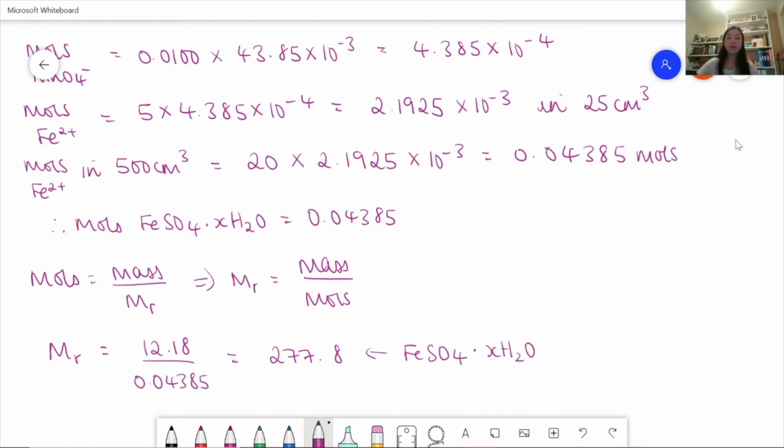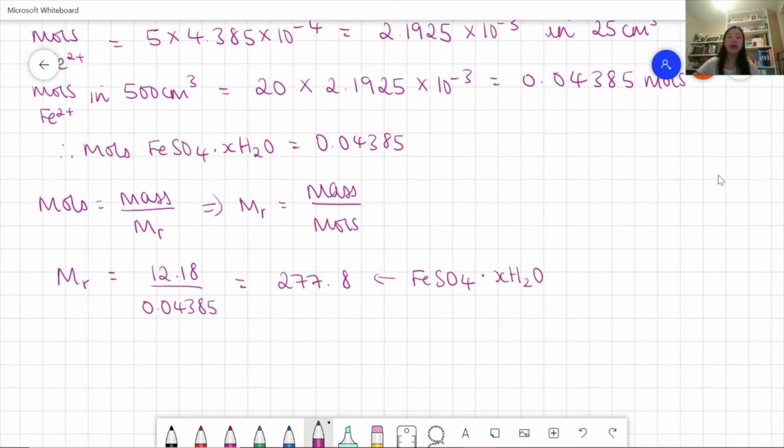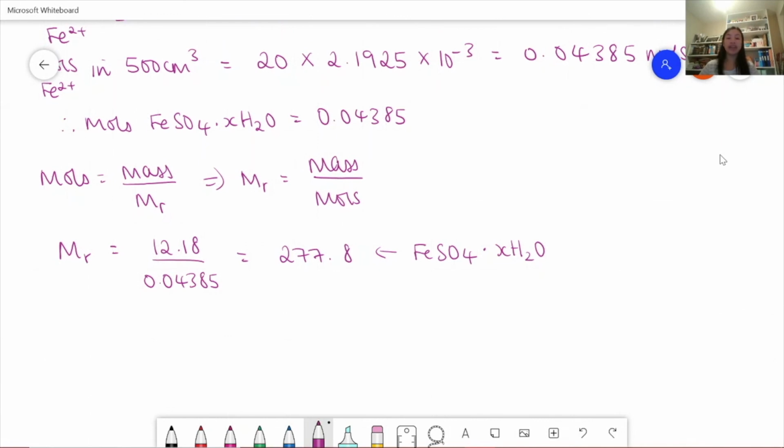FeSO4.xH2O. And so now we need to take away the Mr of FeSO4 to get the Mr of xH2O. So the Mr of FeSO4 is equal to 55.8 plus 32.1 plus 16 times 4, and this is 151.9.